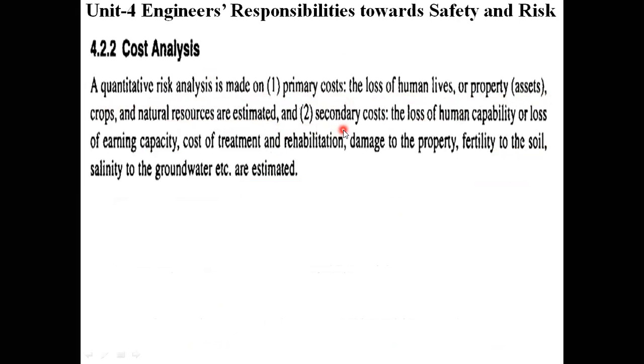The second one is secondary cost: the loss of human capabilities or loss of earning capacity, cost of treatment or rehabilitation, damage to the property, fertility of the soil, salinity of the groundwater, etc., which are estimated.